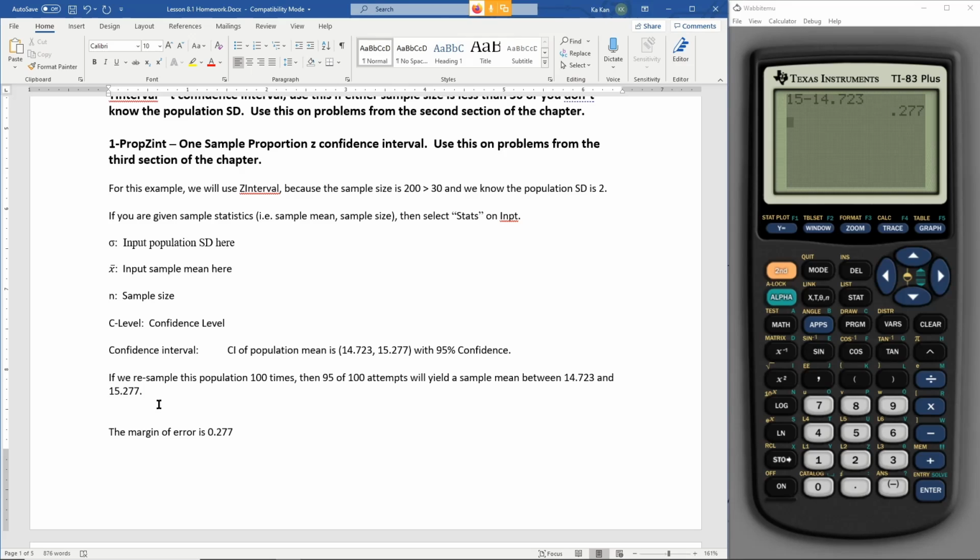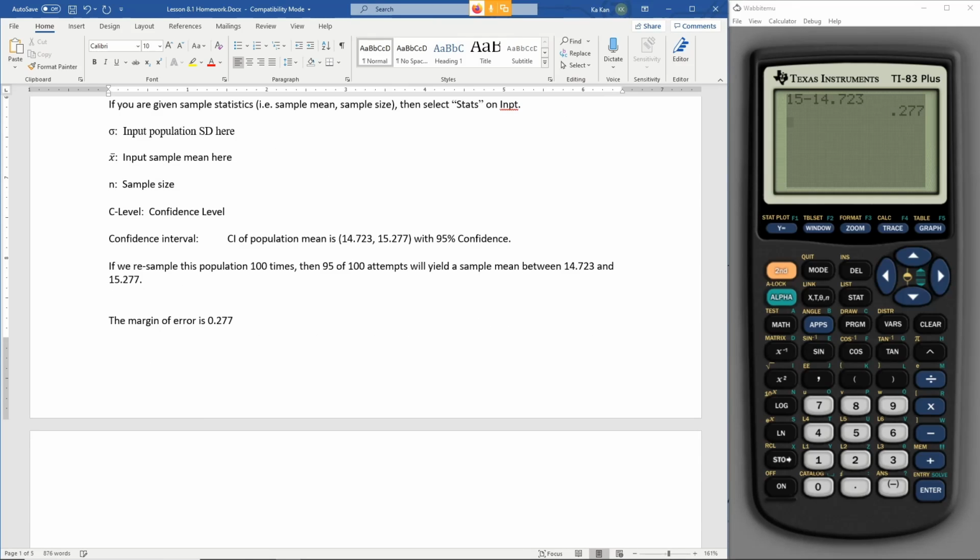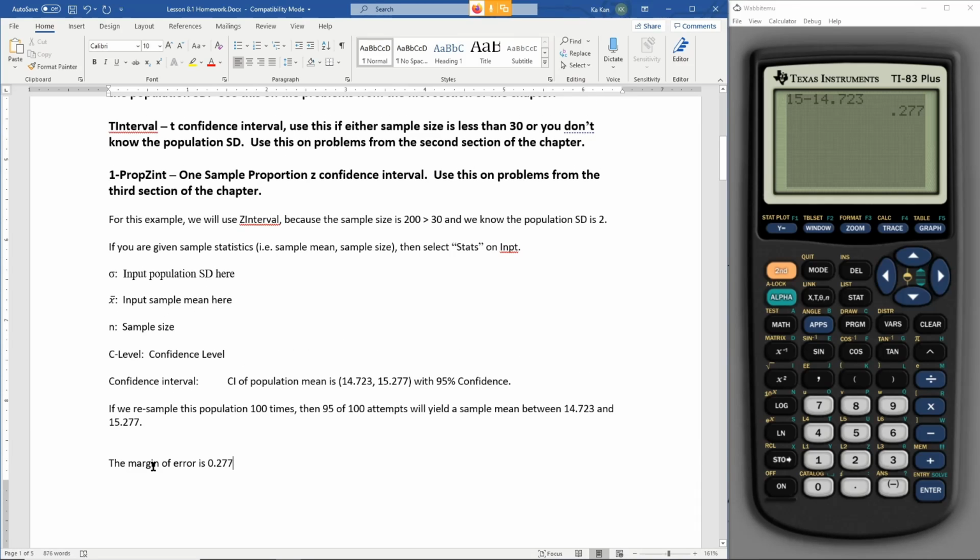Now, this is different from calculating just the prediction for the population mean. You realize it's more difficult to calculate not the resampled average, but the actual population average.